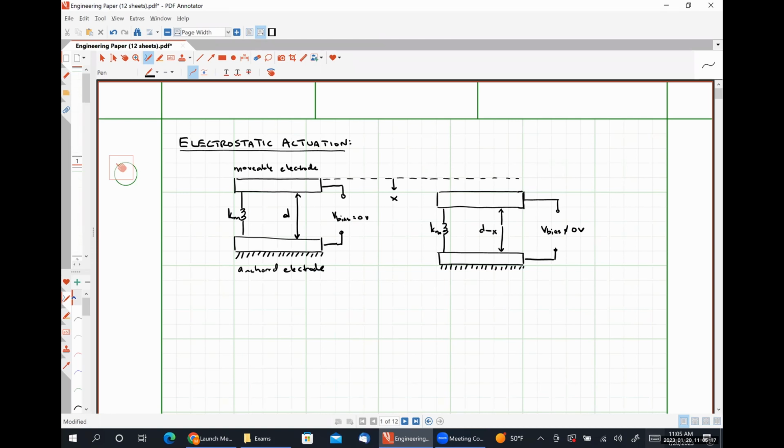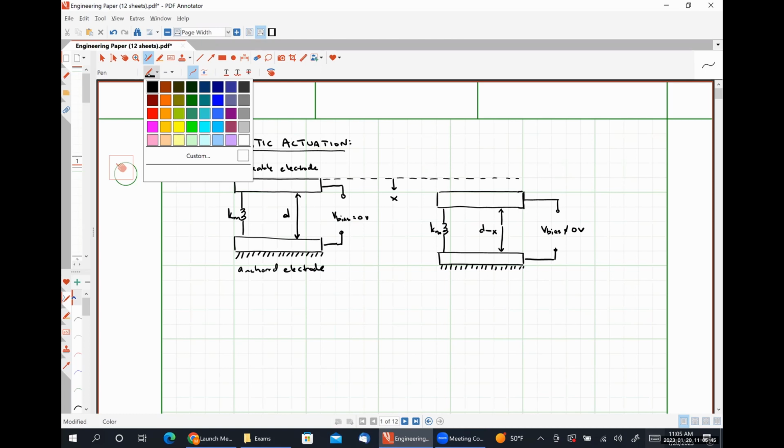So effectively, if we apply a low frequency voltage across our capacitor electrodes, and one of the electrodes is allowed to move, Coulombic attraction between the charged electrodes is going to generate an electrostatic force, Fe, which will cause the movable electrode to displace towards the anchored electrode.